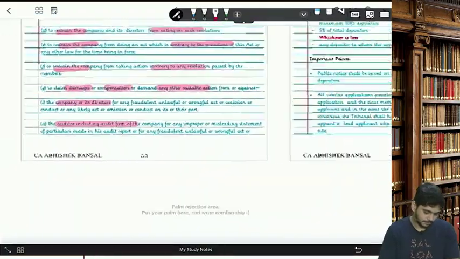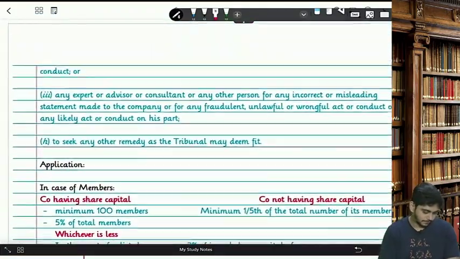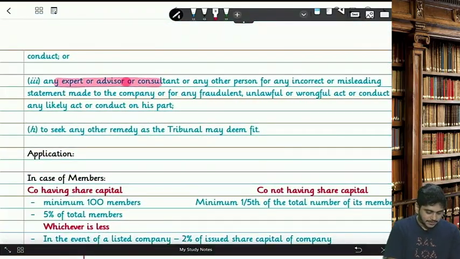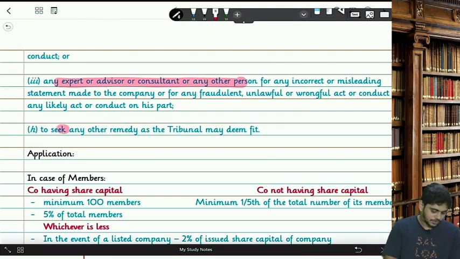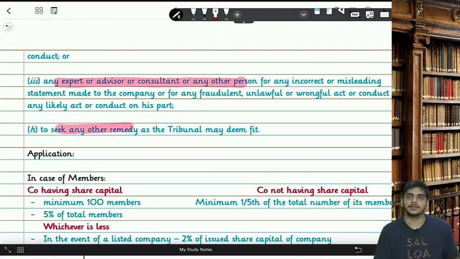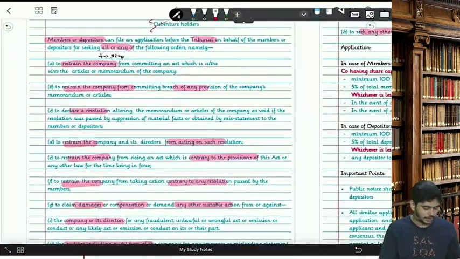Okay? Any expert, advisor, consultant or any other person for any incorrect or misleading statements. And to seek any other remedy as the tribunal deems fit. So guys, the institute can ask you what are the orders under 245. So the tribunal can pass any of the following orders.